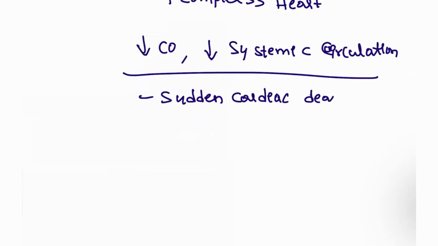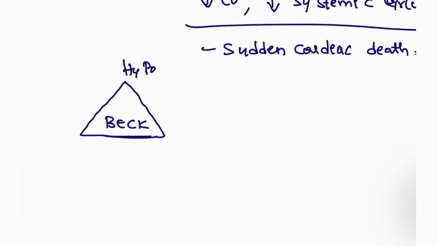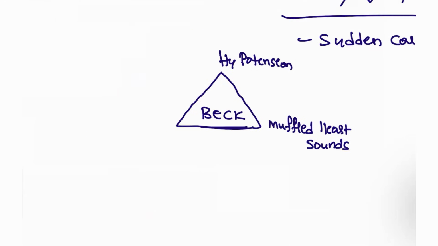So that's why the triad and treatment should be given. The triad of this patient is Beck's triad. What does Beck's triad mean, guys? Hypotension, and muffled heart sounds because fluid is already on all sides compressing, muffled heart sounds and raised JVP.